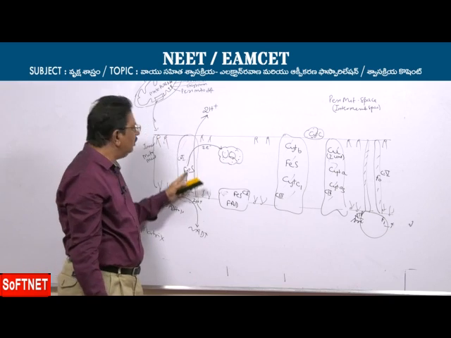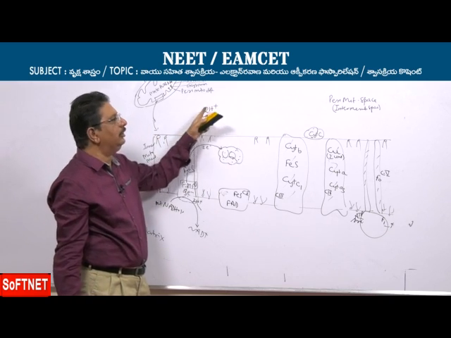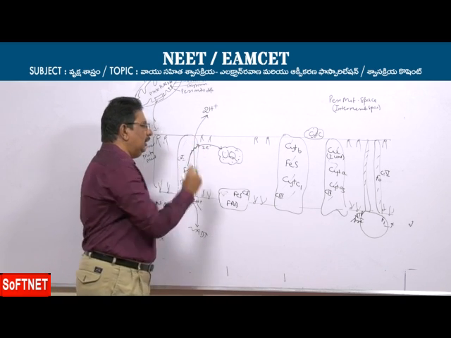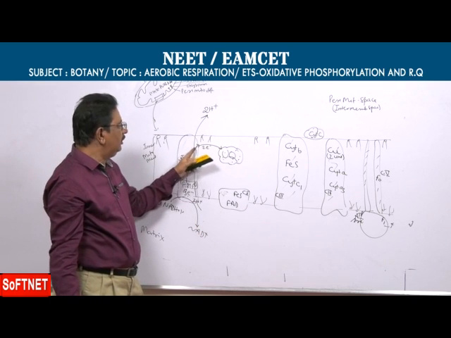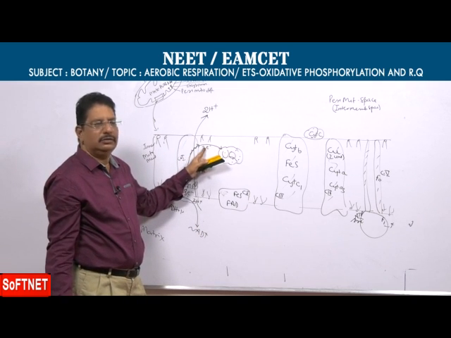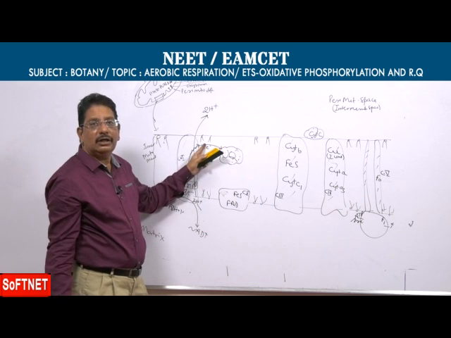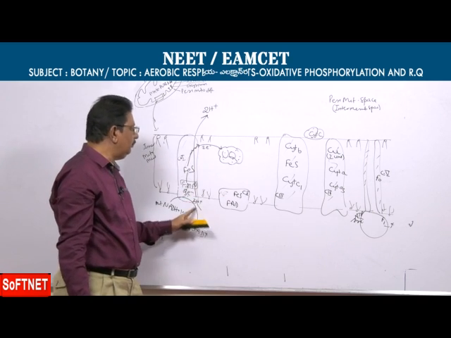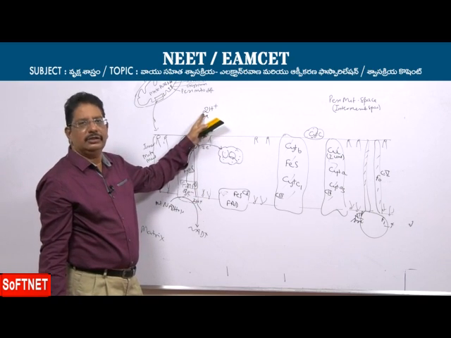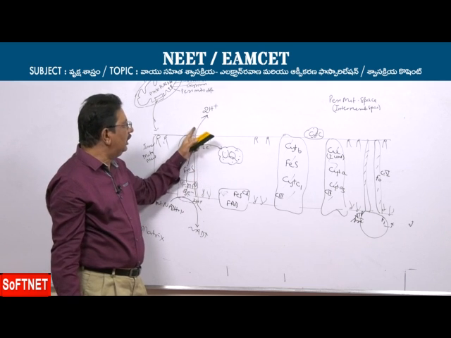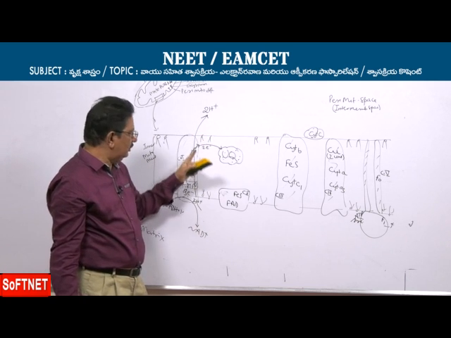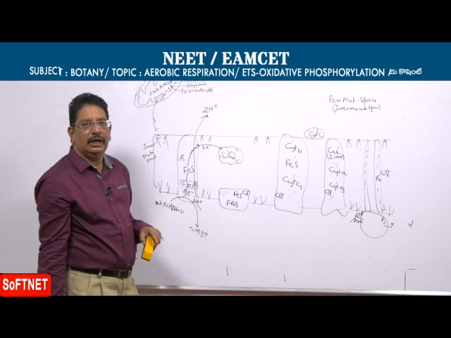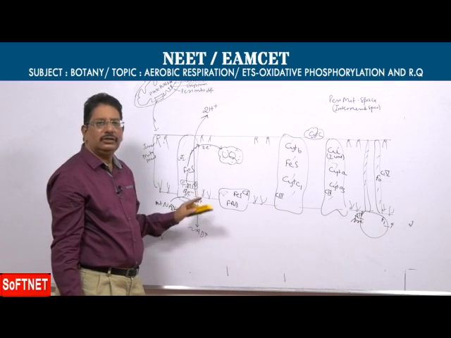So, the protons are shunted or pumped into the intermembrane space by using the energy liberated during electron transfer. So, the electron transfer energy is coupled with the proton translocation. Proton translocation is a process where energy is utilized, that is, during electron transfer.